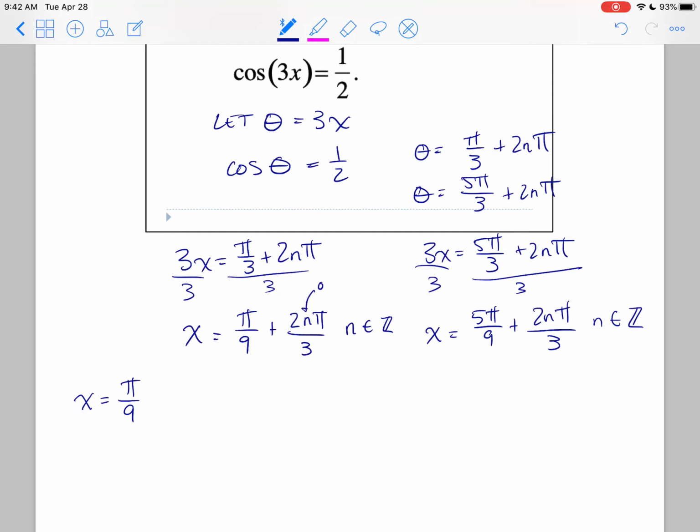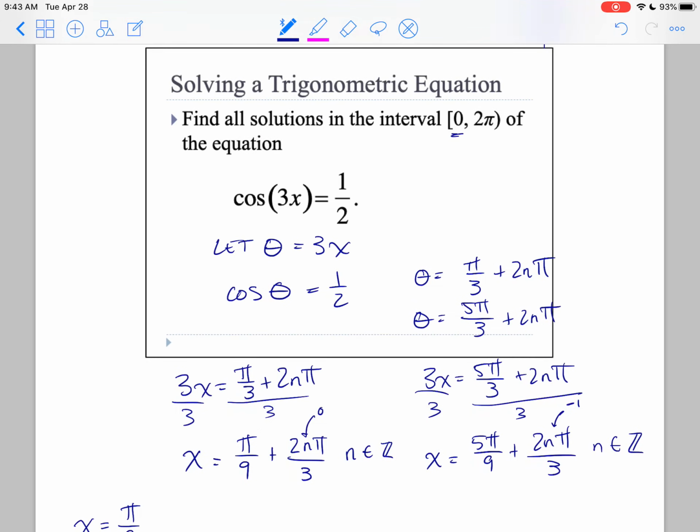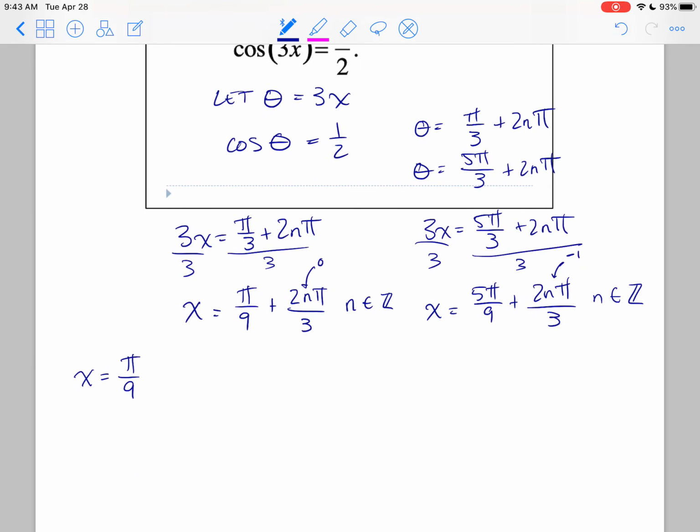Now I could try to maybe even plug in a -1 for n, but 2 pi over 3 is 6 pi over 9, so this would come out negative. And remember, we're starting at 0 and going to 2 pi. So the negative wouldn't work. So I'm going to plug 0 into here, and I get 5 pi over 9. So we're collecting a set of numbers.